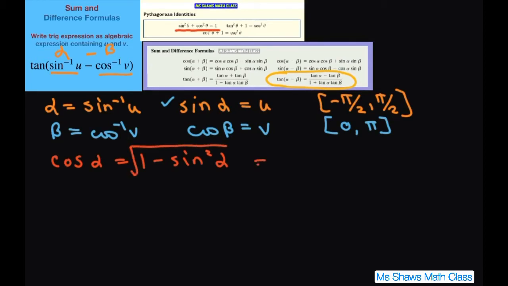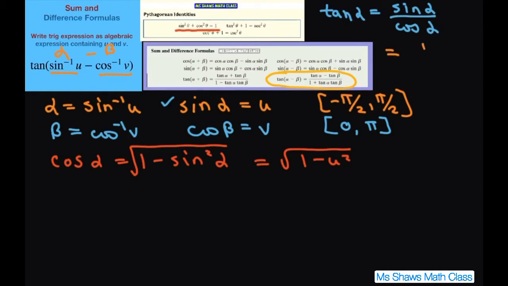So cosine of alpha equals the square root of 1 minus u squared, since sine of alpha is u. That means tan of alpha equals sine of alpha divided by cosine of alpha, which is u divided by the square root of 1 minus u squared. So now we have our tan of alpha.